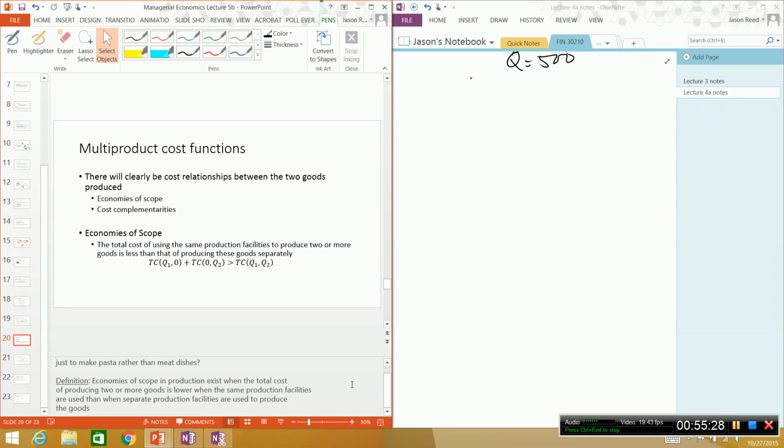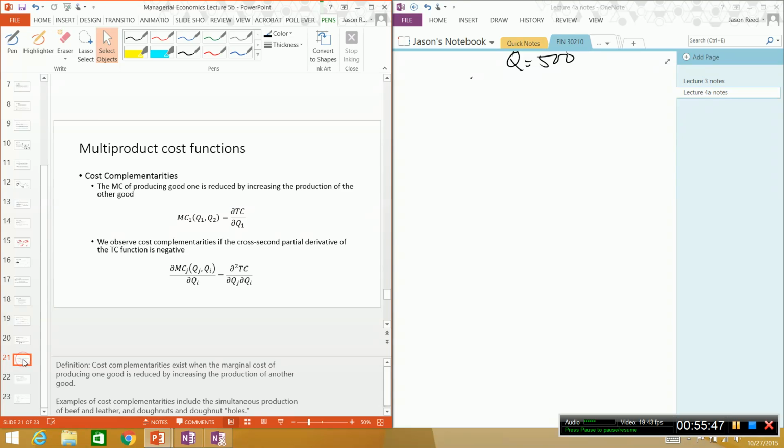So what we're saying here is this is the total cost of just producing Q1, and this is the total cost of just producing Q2, right? And so the combined total cost is going to be greater than if we were to produce Q1 and Q2 together. So we can measure that in some way, and it's not too bad to do mathematically. And we have cost complementarities.